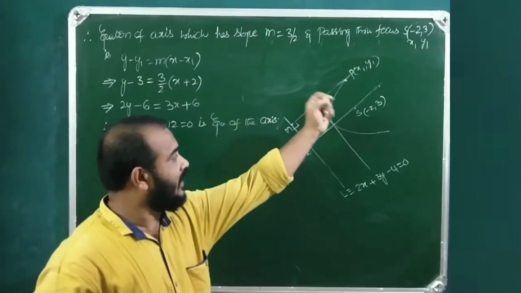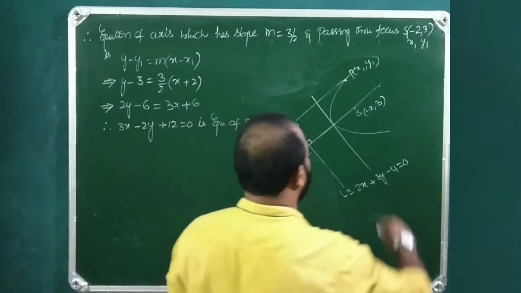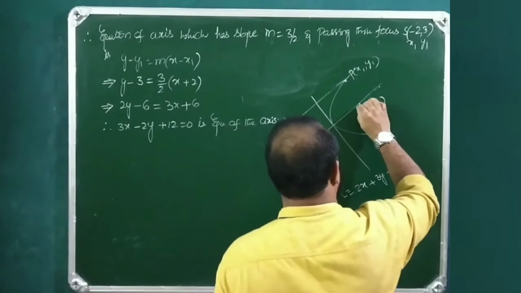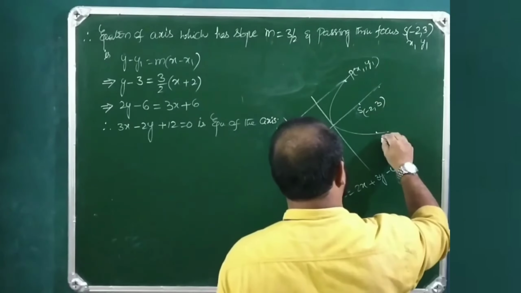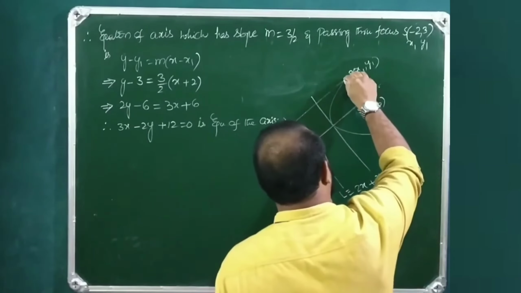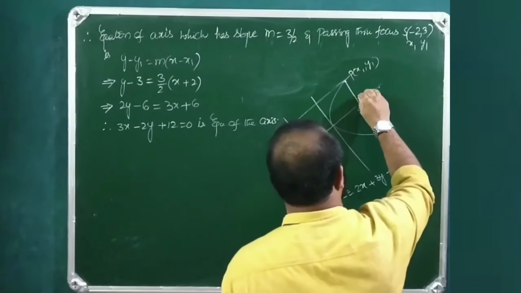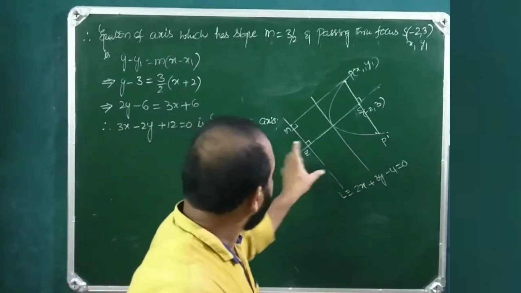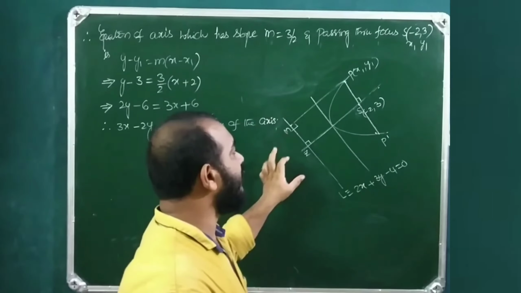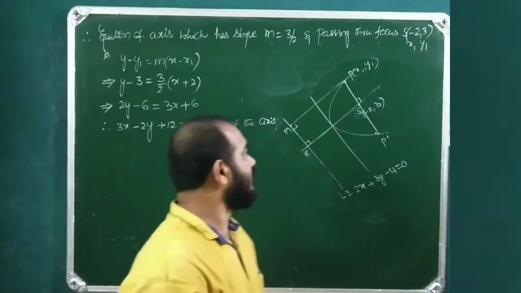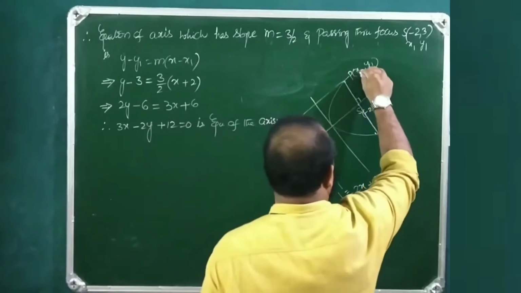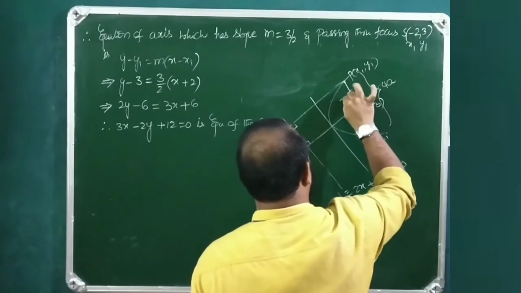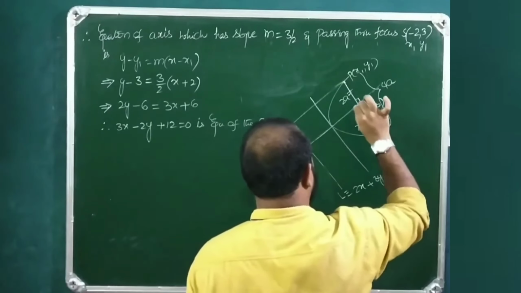Now the length of the latus rectum. This is our S, and let us suppose this is P dash. The latus rectum is the line which is parallel to the directrix and perpendicular to the axis. The length of the latus rectum is 4a, which means this is 2a and this is 2a.